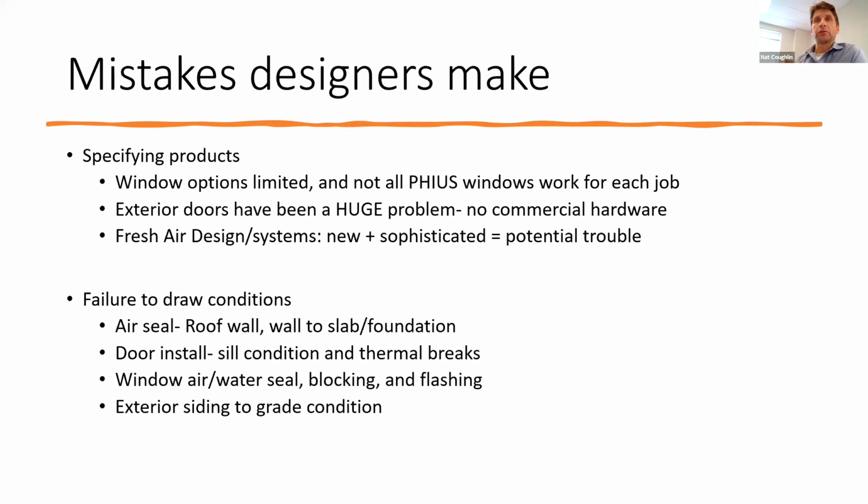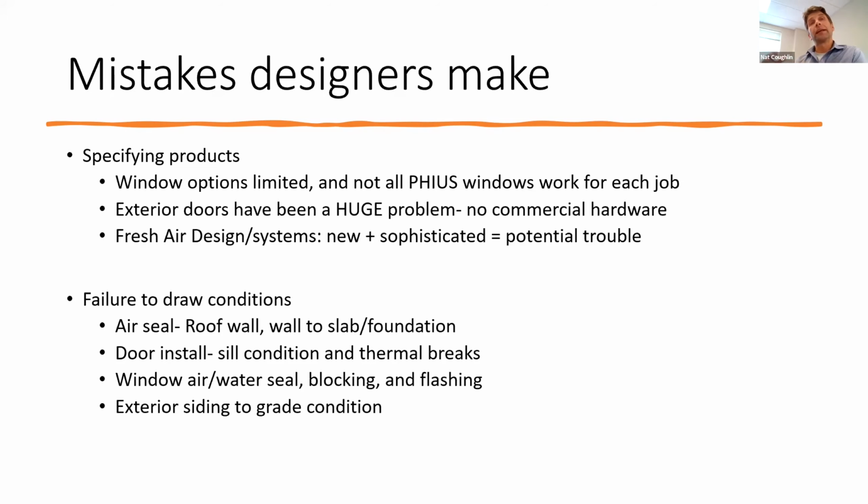And I think there are some solutions out there, but the solutions and the jobs aren't necessarily meeting. Panic hardware and automatic door operators for handicapped access can really struggle with the way the locking hardware works on your passive house door that you would put on a single family home.